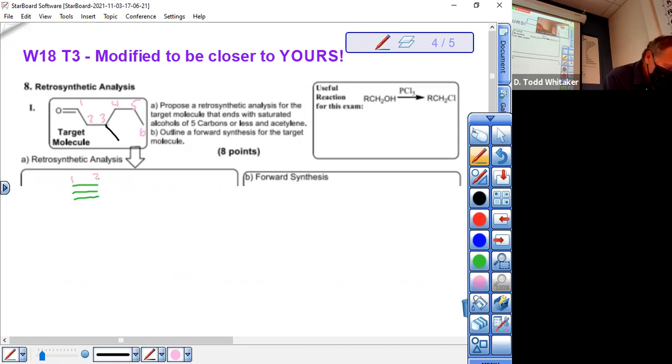Please give me 3, 4, 5, 6 as well, with a methyl on 3. Put the pink numbers on. You don't have to put the pink numbers on. They're here for you to see that the same number of carbons has to be in your next molecule, which is now your new target. I know how to make this into this, is what this arrow means. This came from this, is another way to say it.